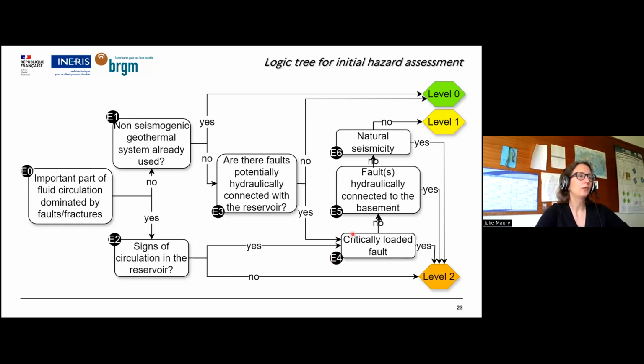So are there faults potentially hydraulically connected with the reservoir, hydraulically connected to the basement, and also some geomechanical criteria: are the faults critically loaded? And finally, is there some natural seismicity in the area? So once you answer all this, you can have your first evaluation before drilling.